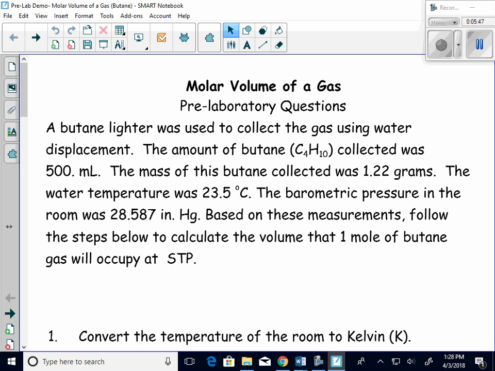Now, as I come back to my problem, it says, based on these measurements, follow the steps below to calculate the volume that 1 mole of butane gas will occupy at STP. We know what it should theoretically be, don't we? What should 1 mole of butane gas at STP be? 22.4 liters, right?